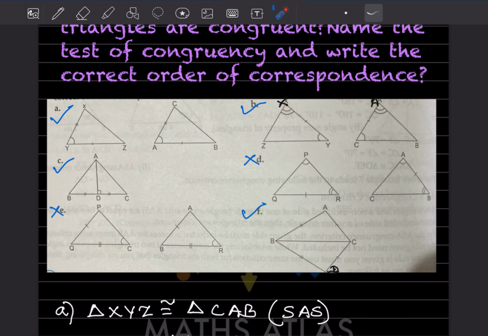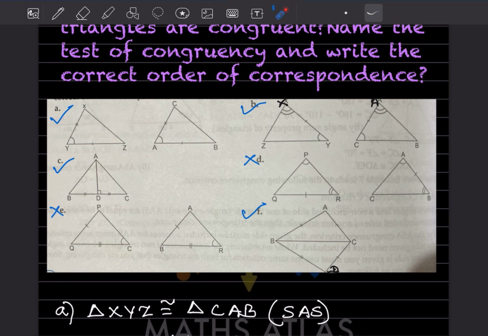So this is congruent. Now you can see this is divided into two triangles, 1 and 2. BD is equal to DC. Here the angles are common, these and these are the same. But this side is at the base and this is at the side, so this is not possible.